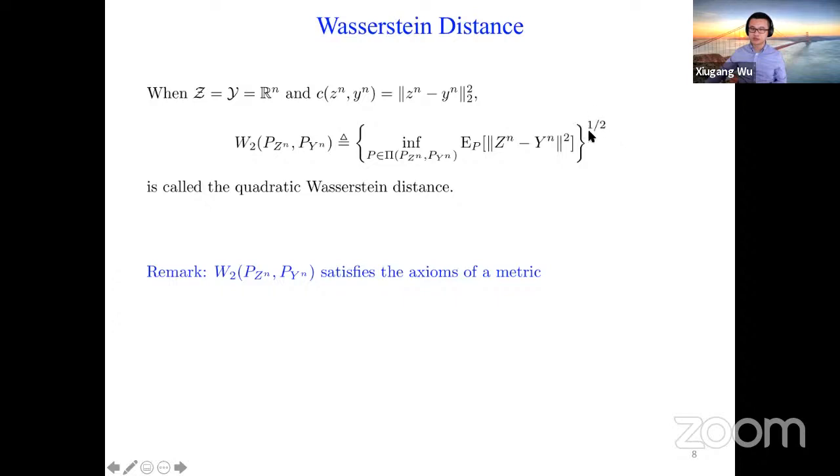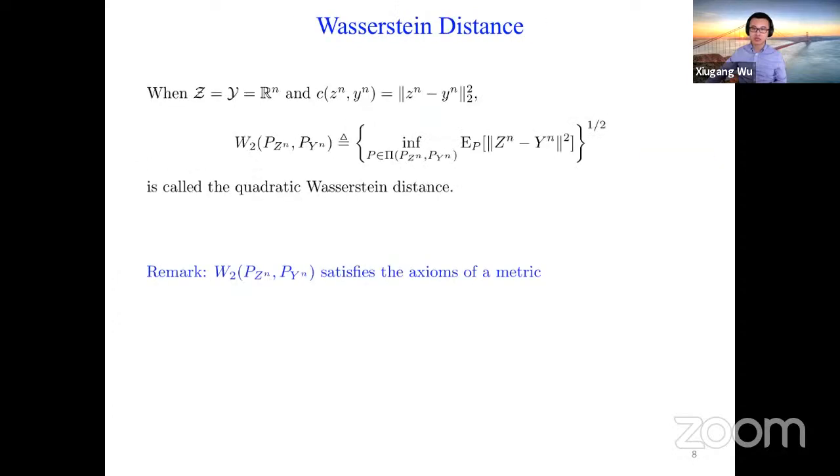If this is p in general, then you should take 1 over p, and this is called the p-th Wasserstein distance. If this is 2, you take the square root to compensate for the square within the expectation, so that the resulting quantity will define a distance.